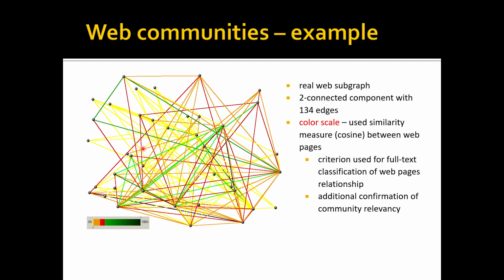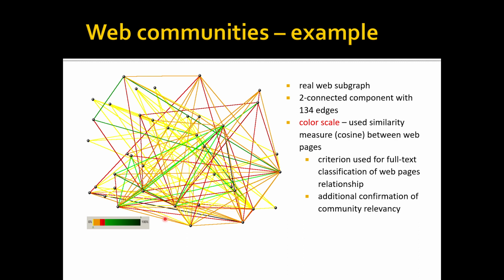There are many yellows, many oranges, some red, some light green, and only a few dark green like this one. That means basically that these two pages, this one and this one, are not only connected, but also similar with respect to cosine similarity of the full text of the pages that they contain.